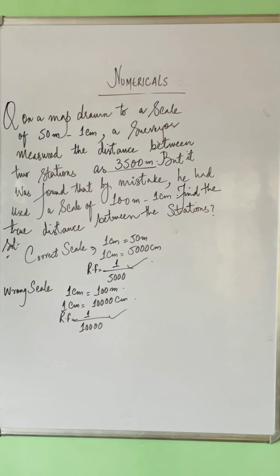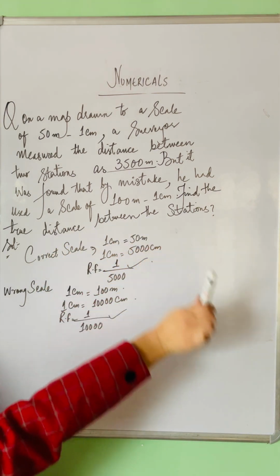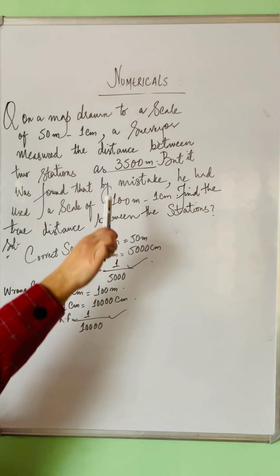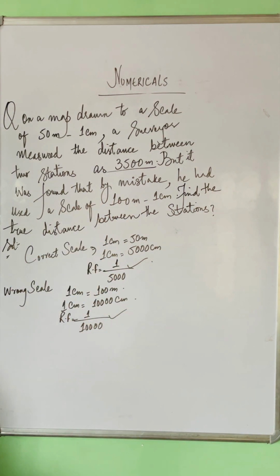This is the correct RF, this is the wrong RF. We have to find the true distance between the stations, because by mistake he had found the wrong distance of 3,500 meters. We have to find the correct distance between those stations as measured by the surveyor.